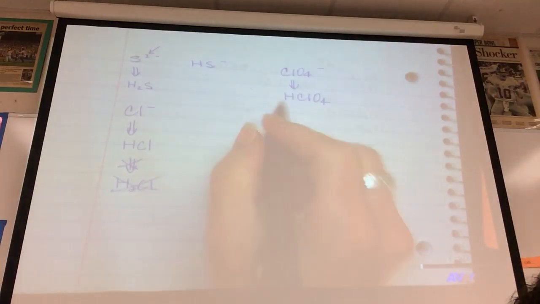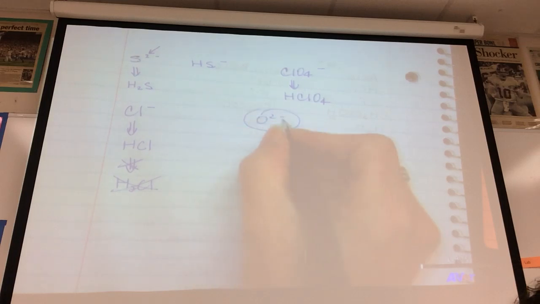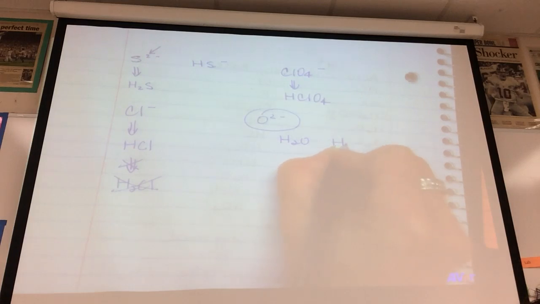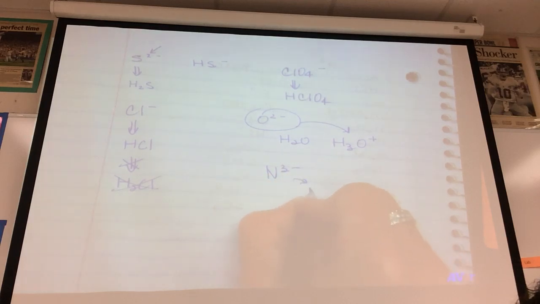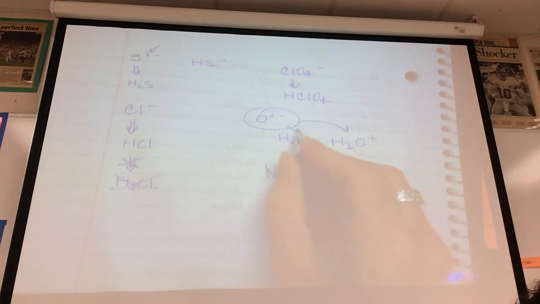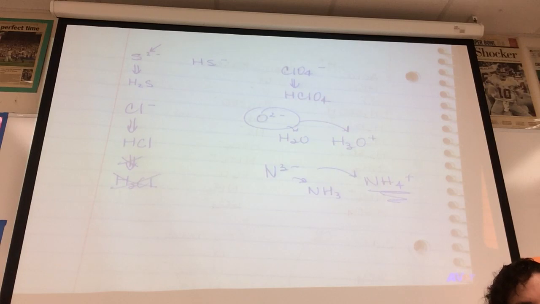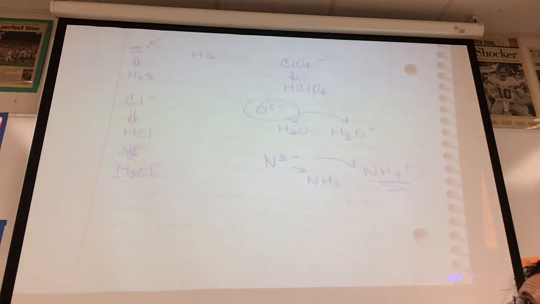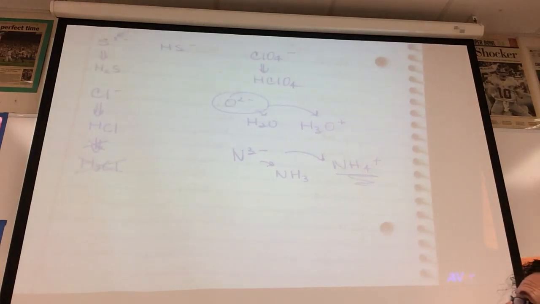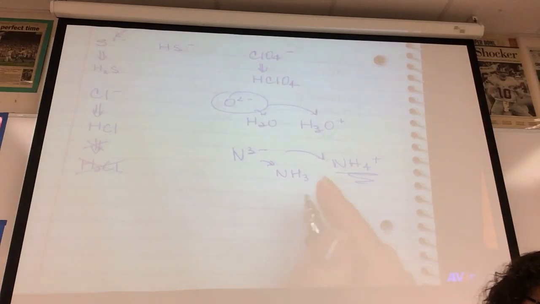The two exceptions I can think of: with oxide ion, you can make water, but you can also make hydronium ions. And the other one is, you can make ammonia, but you can also make ammonium ion. Those are the only two exceptions I can really think of, although I'm not sure.